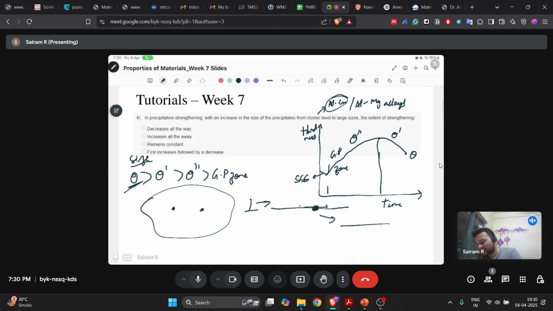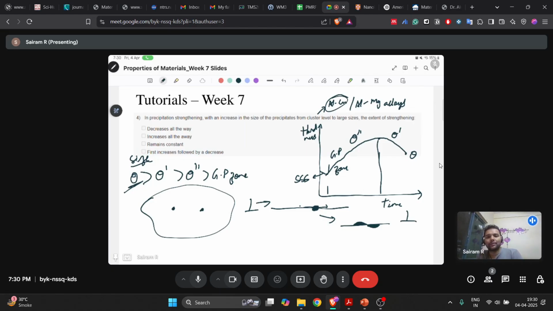The precipitate is going to be cut across, so precipitate shearing happens to a certain extent.